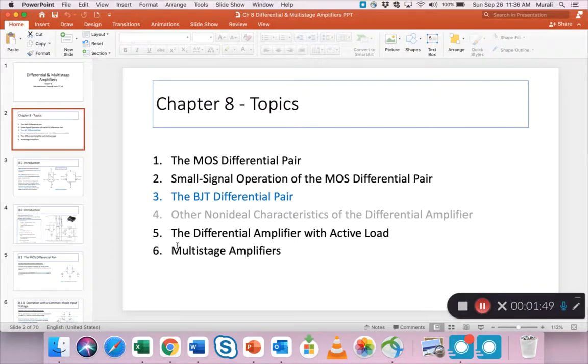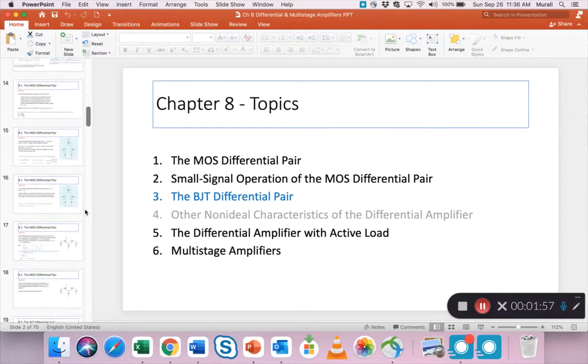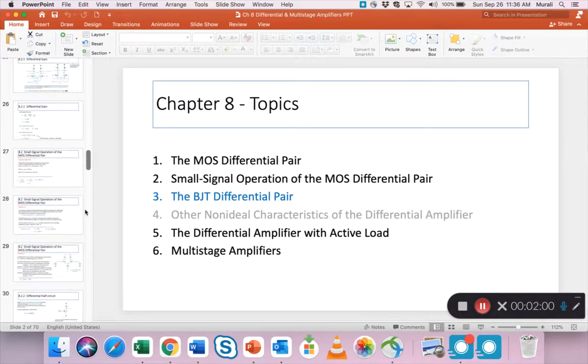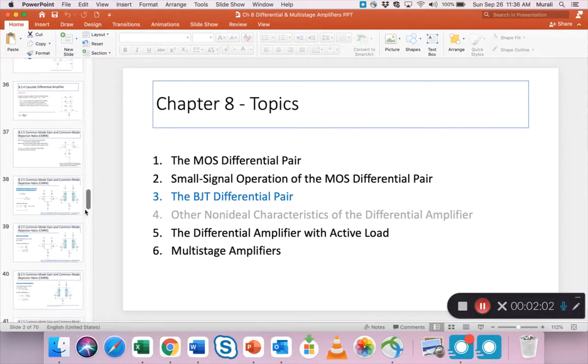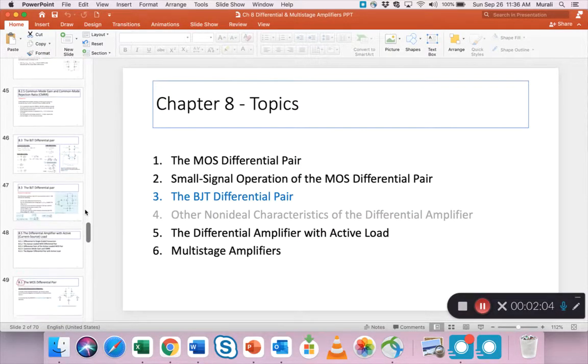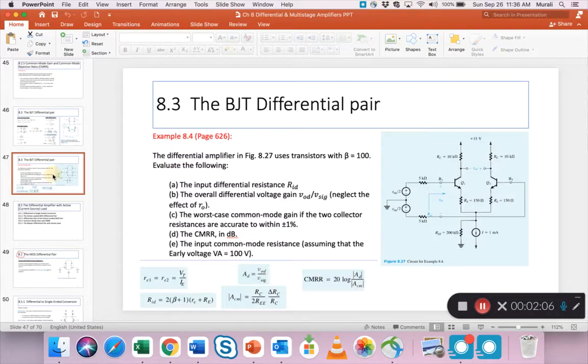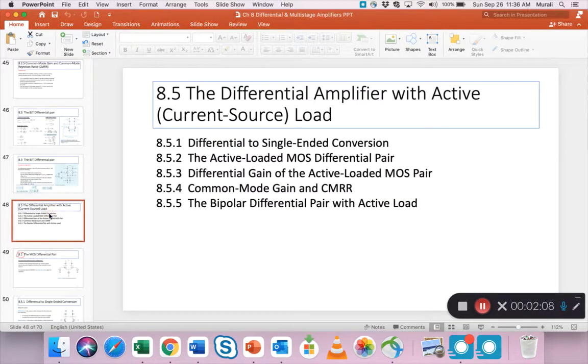So let me skip to the first slide of this topic 5. I think slide 47, 48.